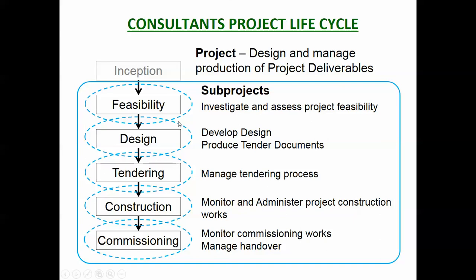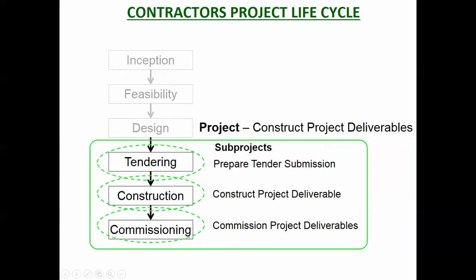So the consultant, they have a project, design project. It's not the same design project as the client's project, because their project is to produce a design for the client. So they've got a little design project within the client's bigger design project, if you like. So they've got a whole lot of little sub-projects as well, as does the contractor. So he's got a project there during the tendering phase, which is to prepare a tender submission. That's the deliverable, is he produces a tender submission.